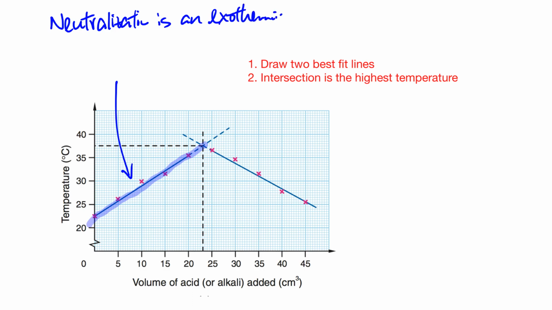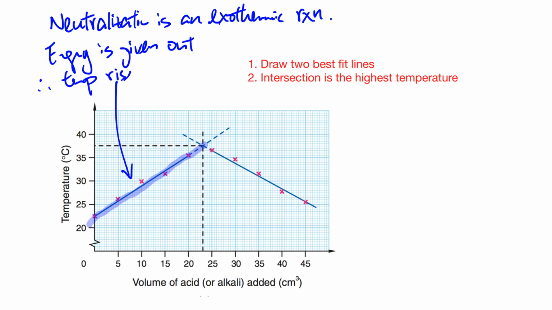So when neutralization happens, energy will be given out to the surroundings, and therefore the temperature rises. Energy is given out, so therefore temperature rises. But after the neutralization has finished, this is the point where neutralization ends.